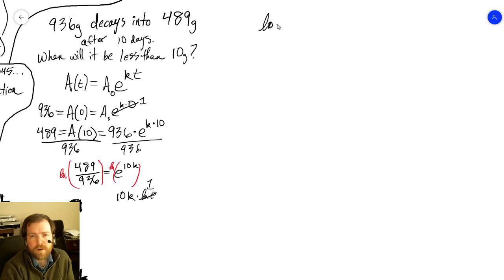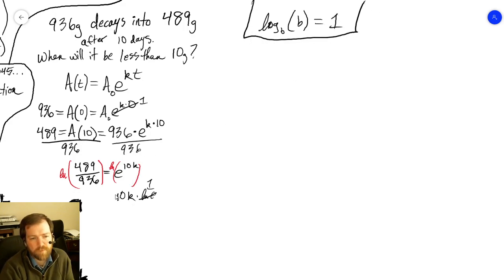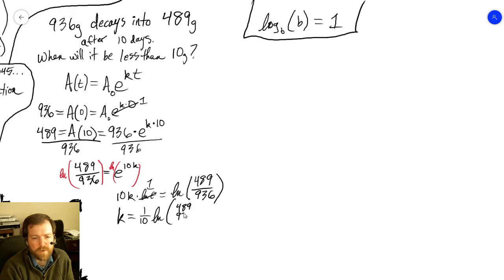The log base b of b is always just going to be 1. And this is equal to the natural log of 489 divided by 936. All right, divide by 10. So k is equal to 1/10 natural log of 489 over 936.